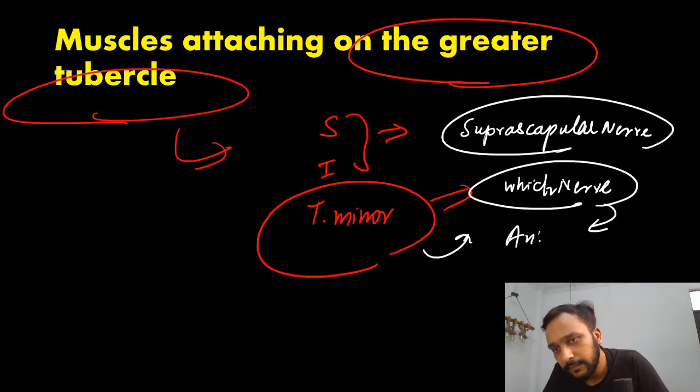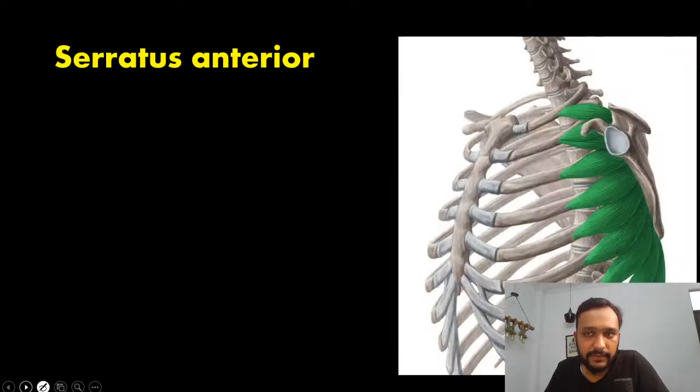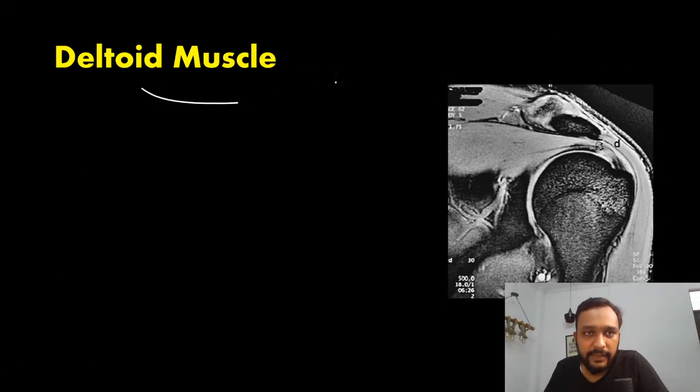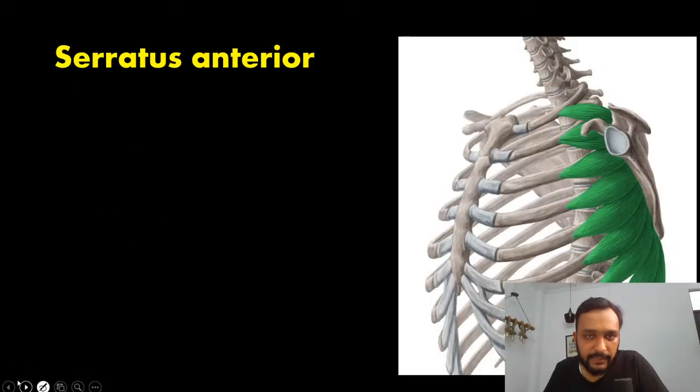Very good. Teres minor is supplied by your axillary nerve, right? We have already discussed the deltoid muscle. The deltoid muscle is supplied by the axillary nerve. It is responsible for the abduction of the arm.